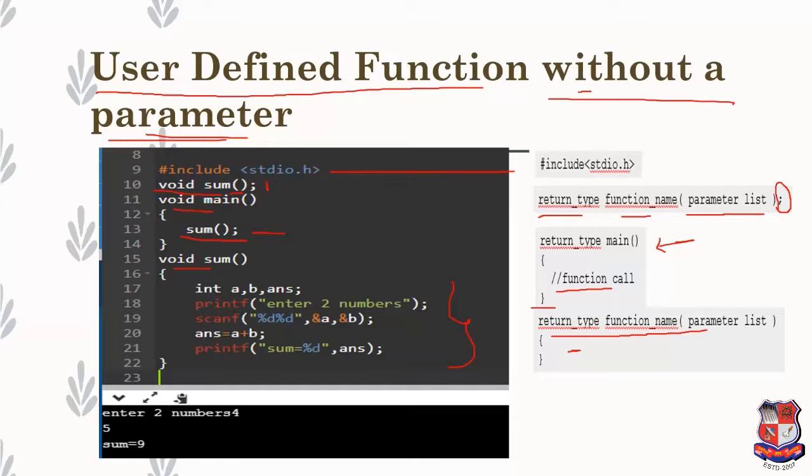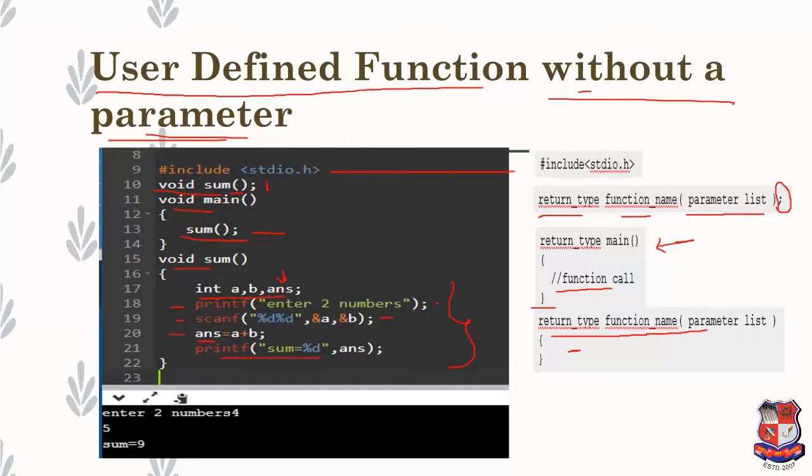This is a function of adding two numbers, in which void sum I have defined three variables. First two variables are for taking the number for input, and the third variable is about addition of these two. So I have written printf statement for entering two numbers, then I'm taking scanf to take the input from the user. Then I'm calculating the answer. I have taken here answer, so that's why I have written answer is equal to a plus b.